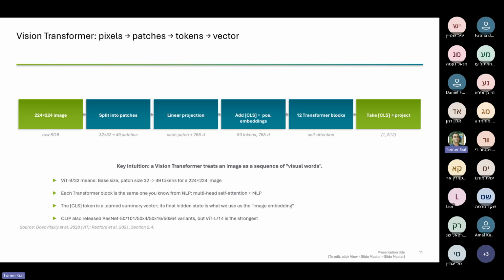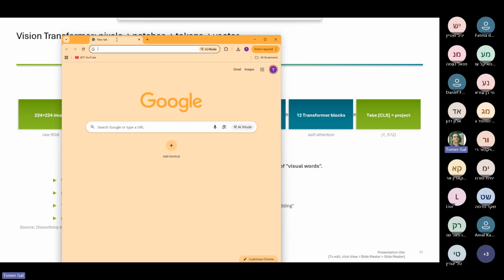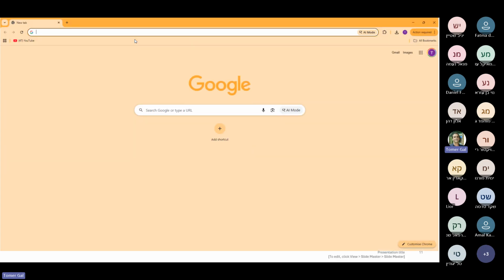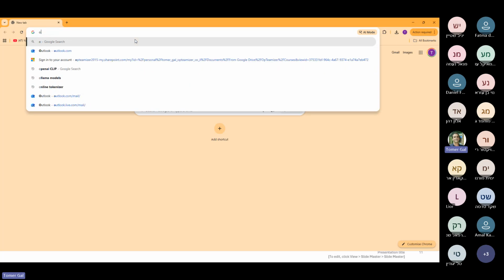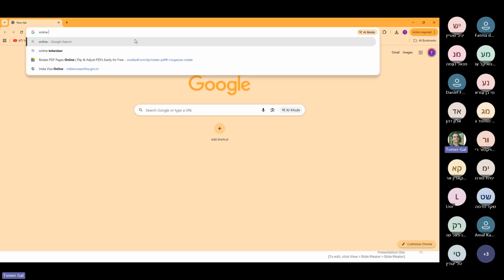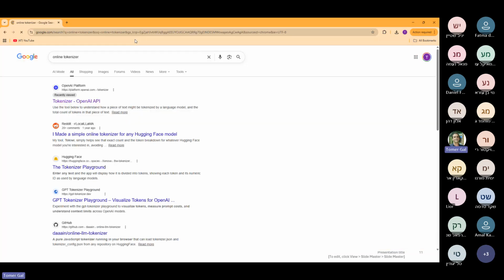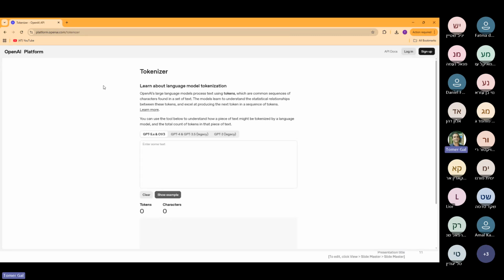It's very important to understand this part, because it's the basic part, and you shouldn't look at it as something overly complicated. For example, if I want to quickly explain to someone what a tokenizer is, we could look at tokenizers not for images but for LLMs.